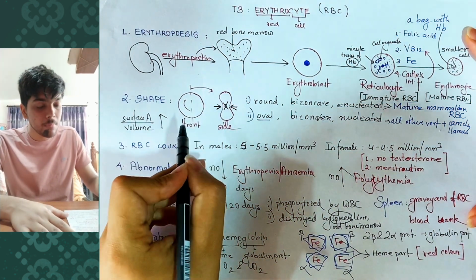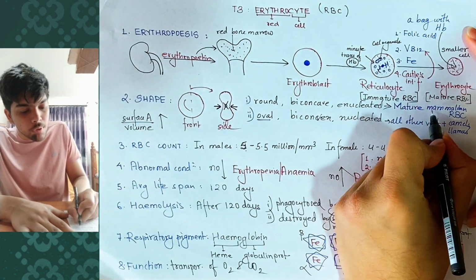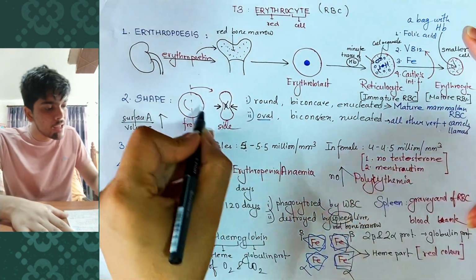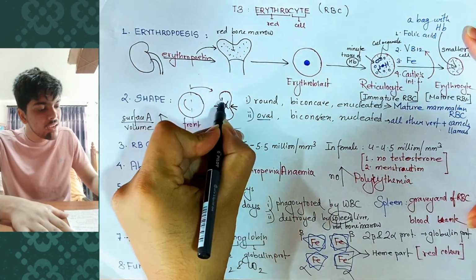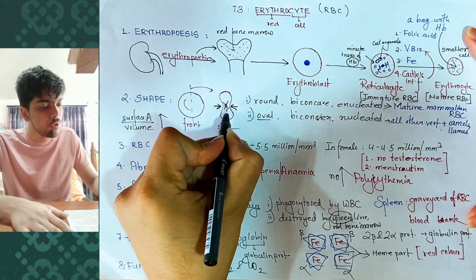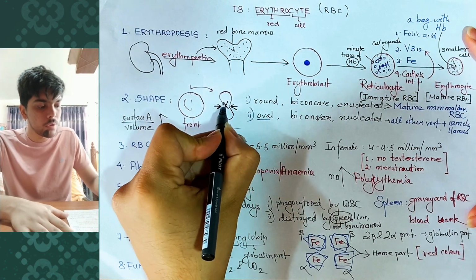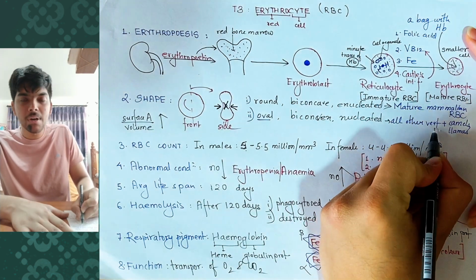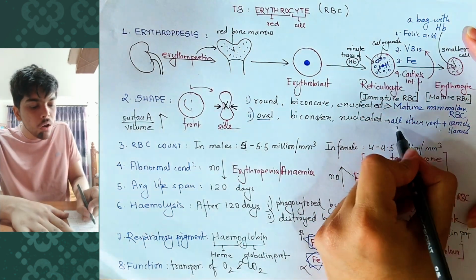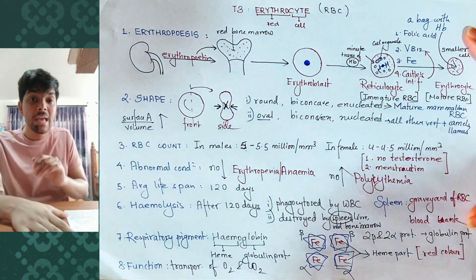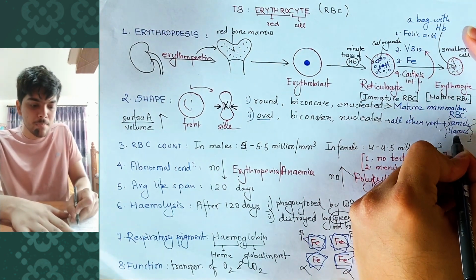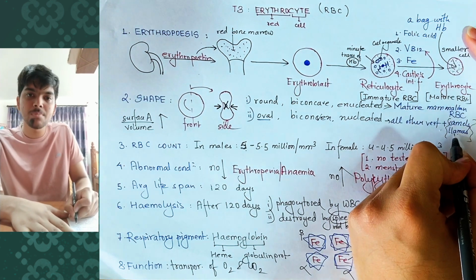I repeat, in mammals. Inside mammals, the mature mammalian RBC is round, biconcave, and enucleated, or without nucleus. However, inside all other vertebrates except mammals, including the exceptions, that is camels and llamas. Camels and llamas, they are mammals, yet they have exceptional RBC.